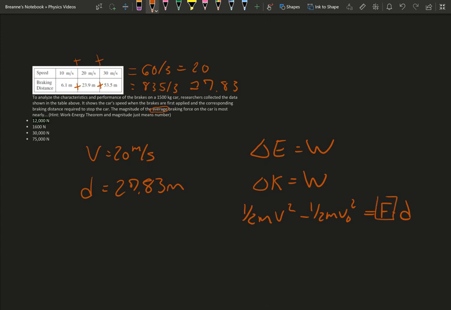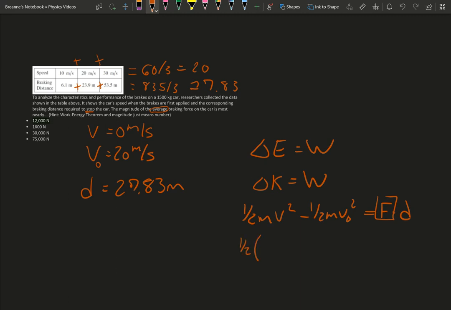And this is the average. The speed it's giving here is when the brakes are first applied, so this would be our initial, and our final velocity would end up being 0 because it's coming to a stop.